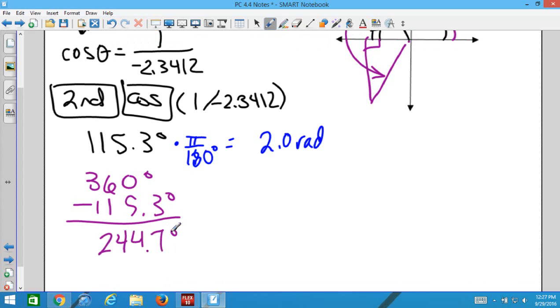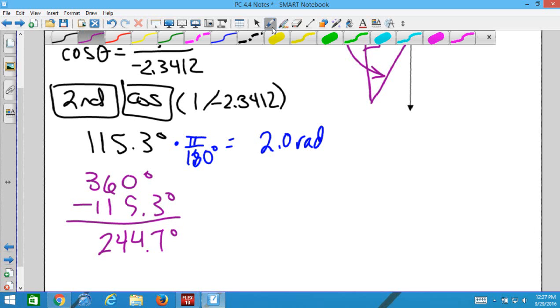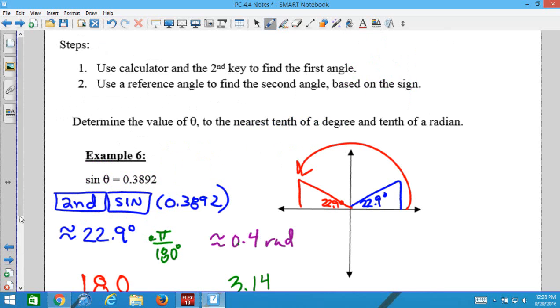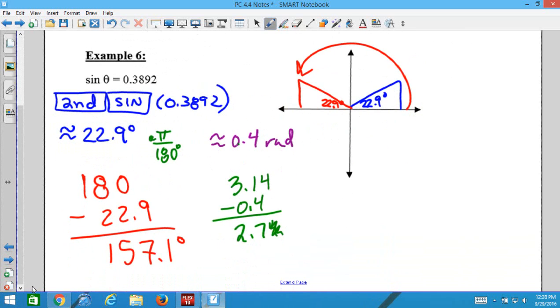And then I'm going to do the exact same thing that I did with degrees, with radians now. So instead of 360, what am I going to do for radians? 3.14. The first one we did 180. You'd have to do 180 minus 115.3 and then add whatever you get. Why can't you do the 180?